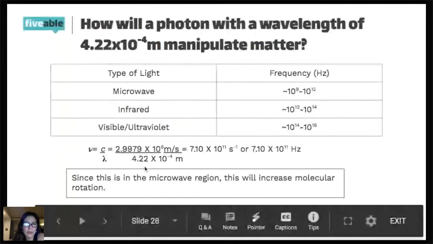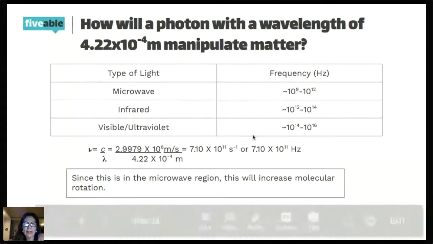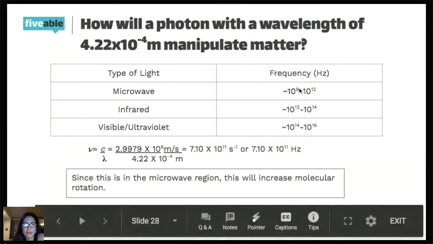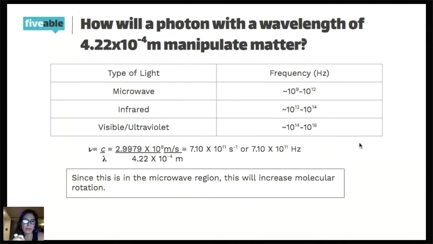We substitute the values and we get this answer. Then we compare, and it is in the range of microwave. So if we remember, the microwave will only do rotation to the molecule. So the only thing that will happen to matter exposed to this photon is that it will increase the molecular rotation in matter.